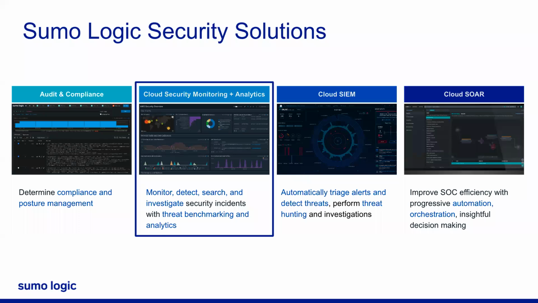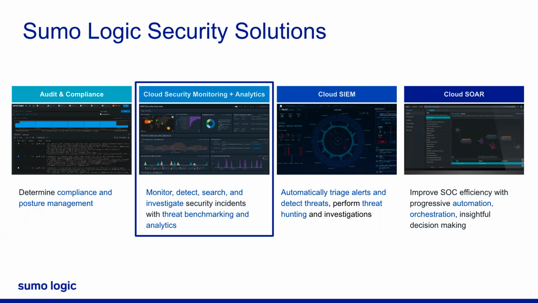We have reports in there for things like PCI, so credit card type things, as well as others. The idea is that as you're bringing in all of your logs, you're going to know what's going on in the systems, and you can report on these. There are some that are out of the box, and you can, of course, create your own if you have some sort of unique requirement that you need to meet, or if you have a bespoke system you need to address. And that applies for anything here, really.